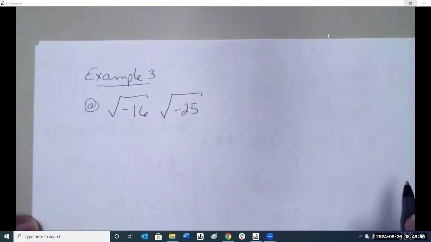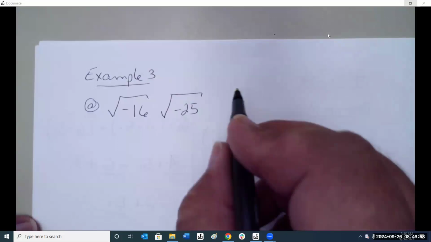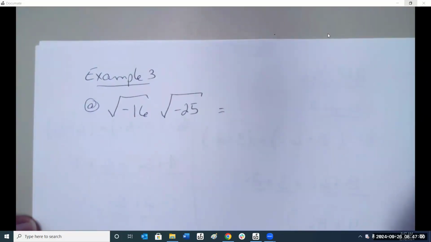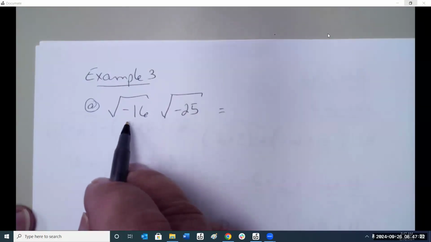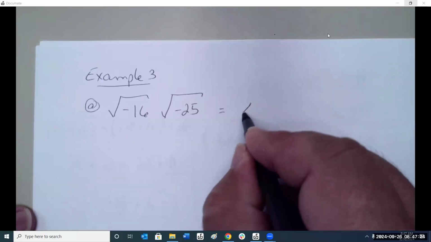Square root of negative 16 times square root of negative 25. Square root of negative 16 is what? 4i.